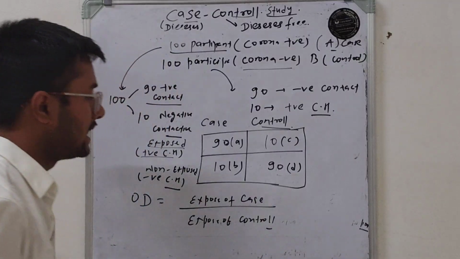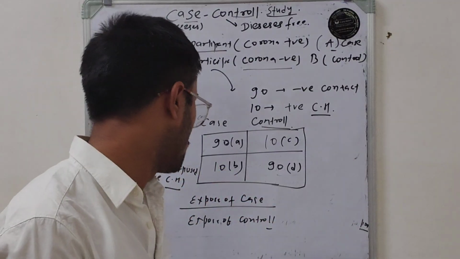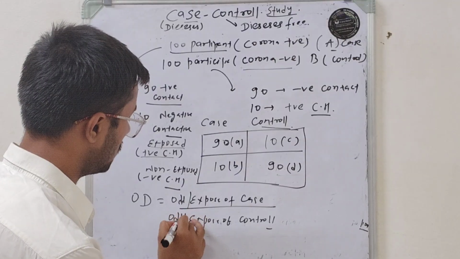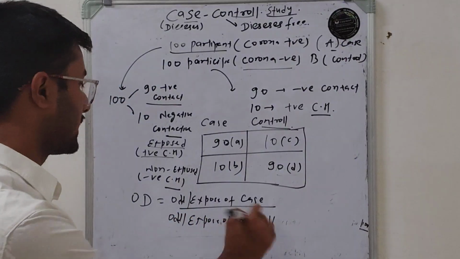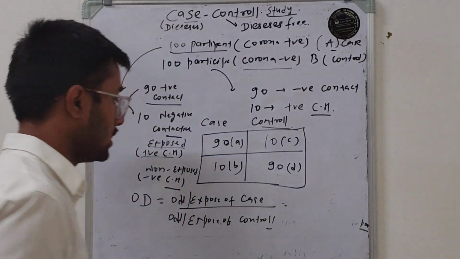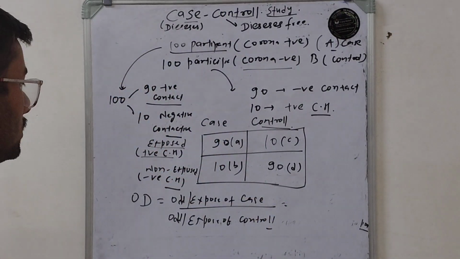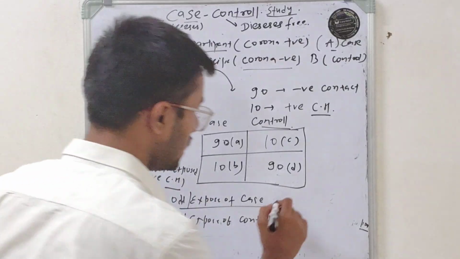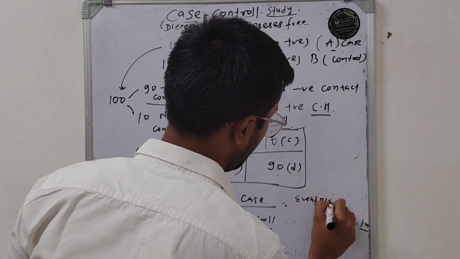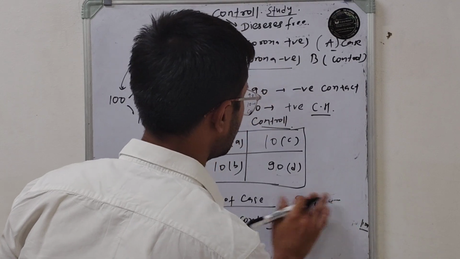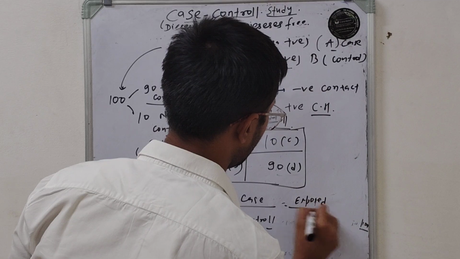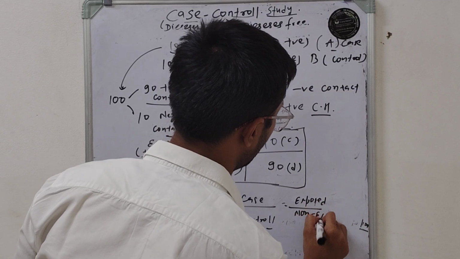We can also write it as odds of case upon odds of control. In simple terms, the odds of case means events occur, so we can simply write exposed upon non-exposed.